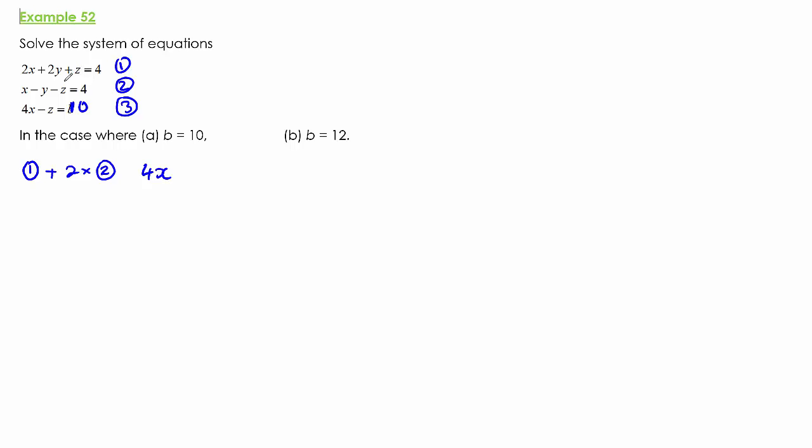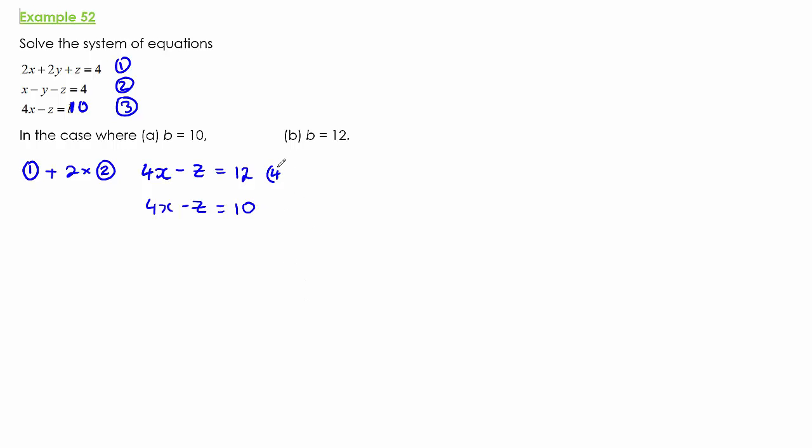And z, add negative 2z, so that's going to be minus z. And if we've added those, sorry, it's that one and twice that, so that's going to be equal to 12. And then equation 3 is 4x minus z is equal to 10.